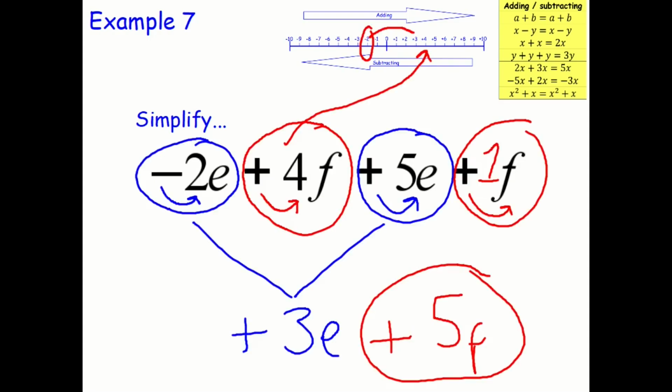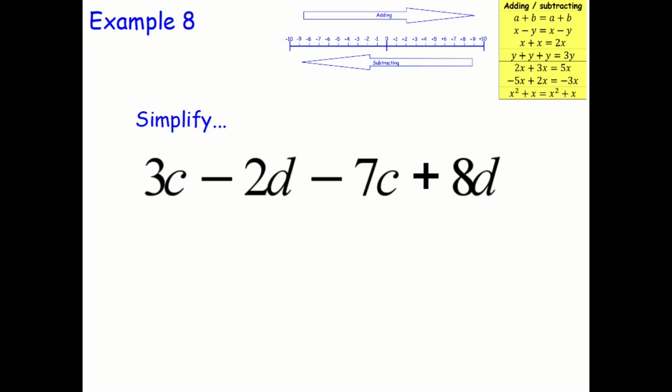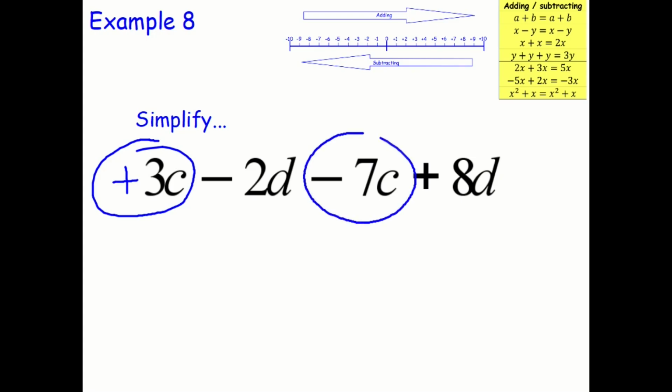Example 8. Let's put some circles around my like terms. So I've got a positive 3c there and a negative 7c there. And I've got a negative 2d there and a positive 8d there.